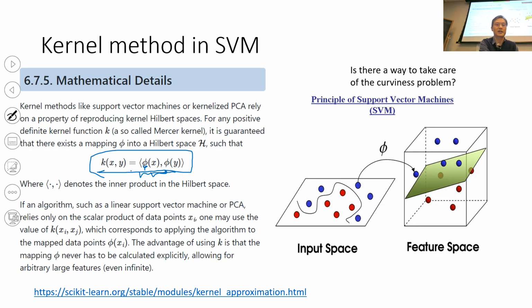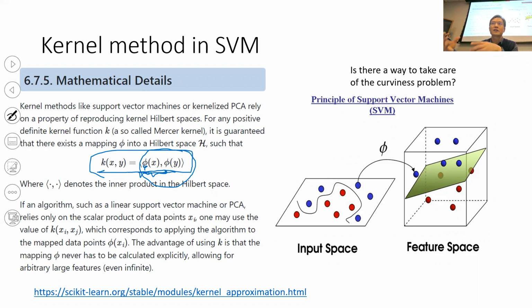The reason you want to find this special kernel function is that, in trying to separate the data points in the high dimensional space, a lot of computation relies on the dot product between data points. However, the feature function and the dot product are not so easy to compute.